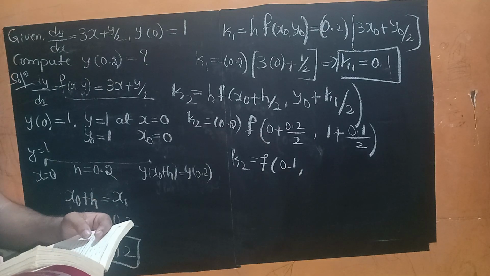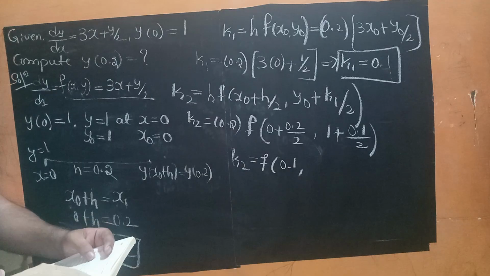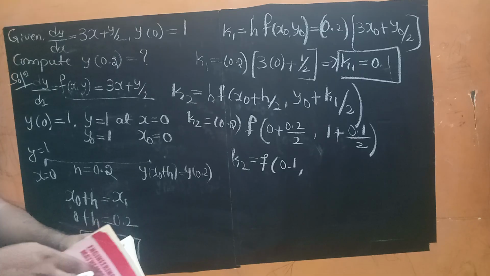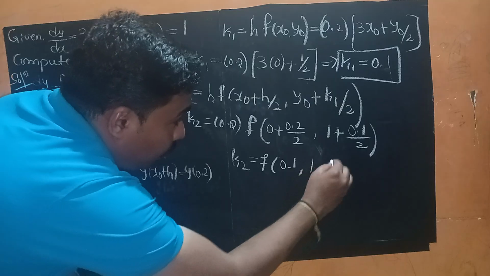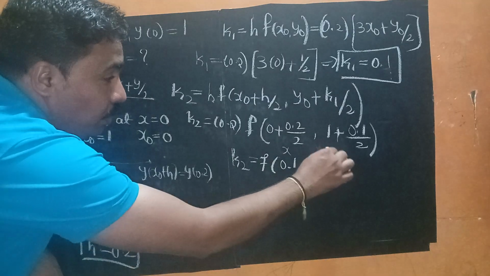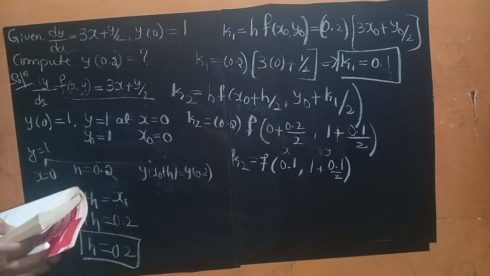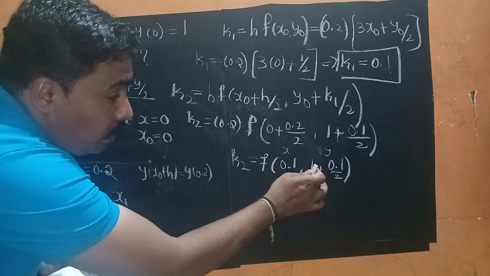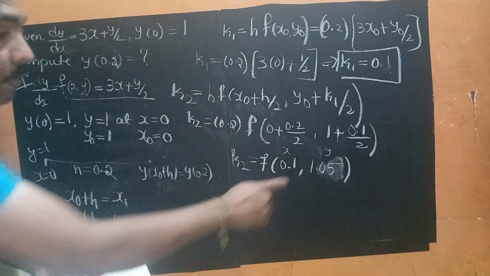If you simplify that, 1 plus 0.1 by 2 is 1.05. So this is our x value, this is our y value.